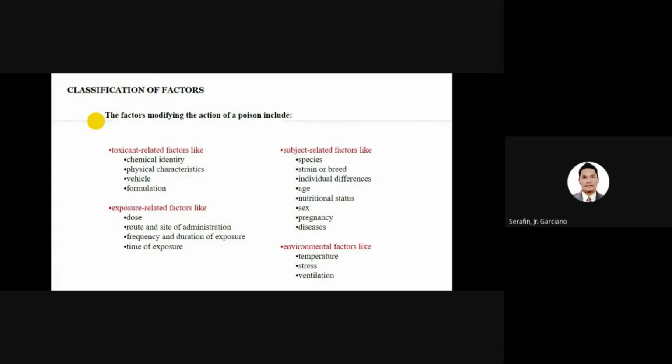Exposure-related factors comprise the dose, route and site of administration, frequency and duration of exposure, and time of exposure. Subject-related factors include species, strain or breed, individual differences, age, nutritional status, sex, pregnancy, and diseases. Environmental factors include temperature, stress, and ventilation.